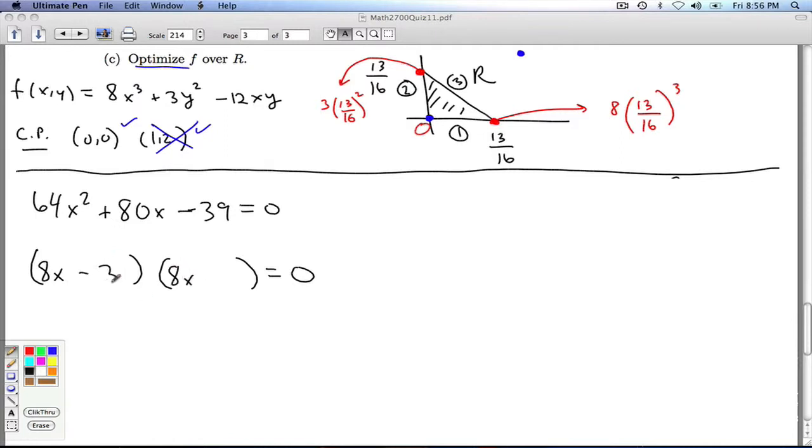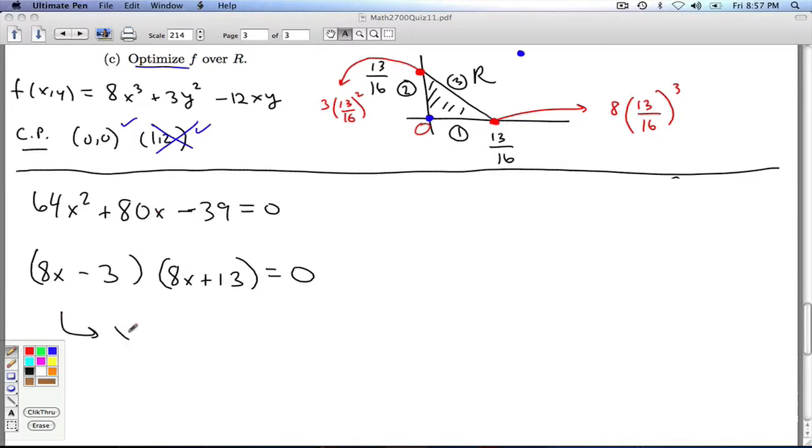Turns out 8x minus 3 and 8x plus 13 will work. 8 times 8 is 64, 64x squared, negative 3 times positive 13 is negative 39. The all-important middle term, 8 times 13 is 104, minus 24 is 80, so it actually checks out.